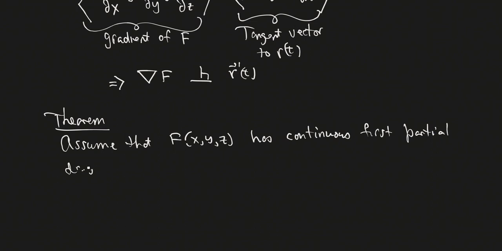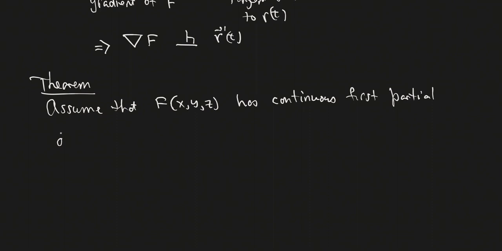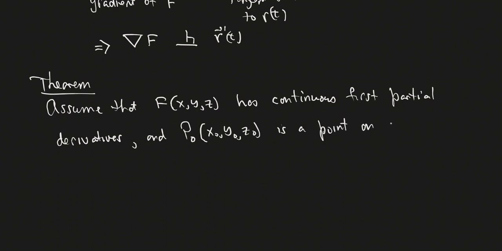Okay, I can't spell derivative. That's disappointing and embarrassing all at once. So, come on. So first partial derivatives, and let's just say P0, so x0, y0, z0, is a point on the surface.